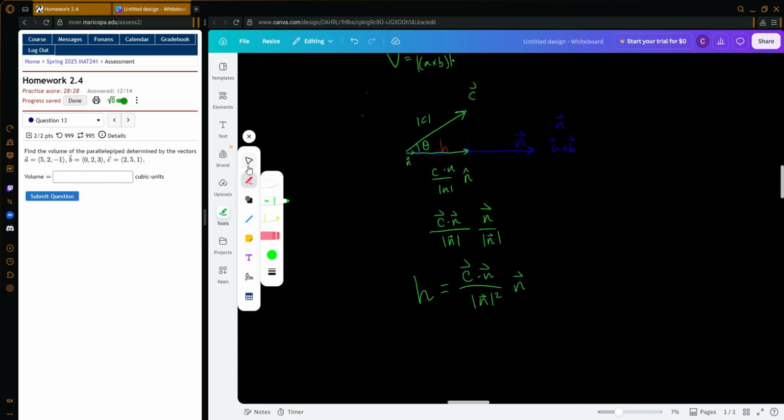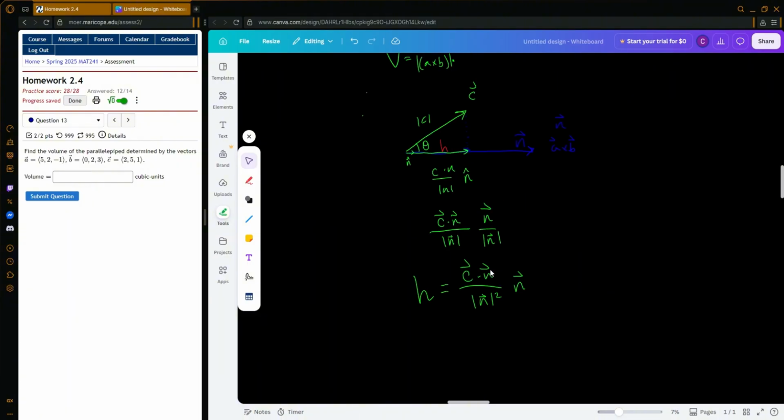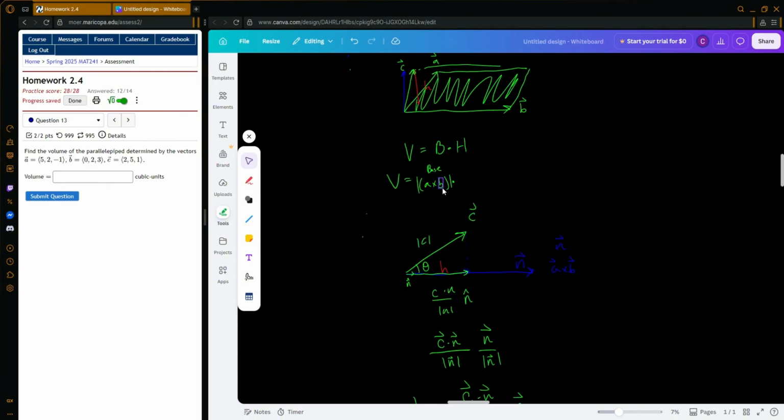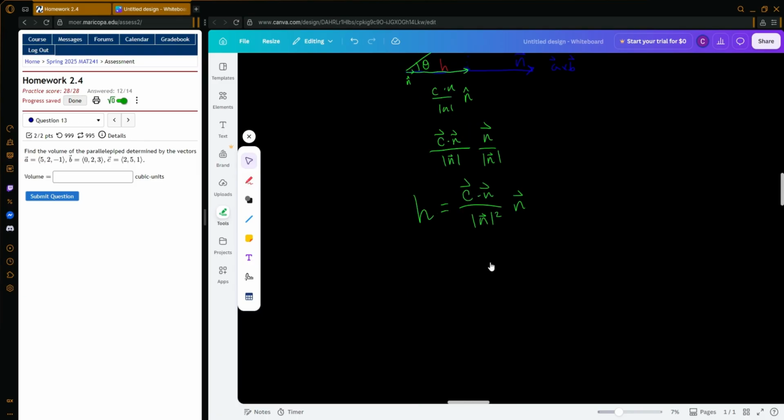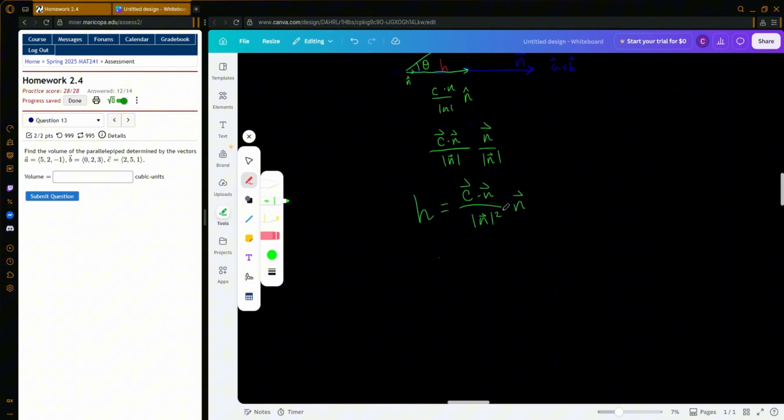So we're doing base times this, where n is the cross product. We can plug that in here, except now I'm going to write n back as a cross b. So the height is equal to c dotted with a cross b, divided by the magnitude of a cross b squared, times the vector a cross b.